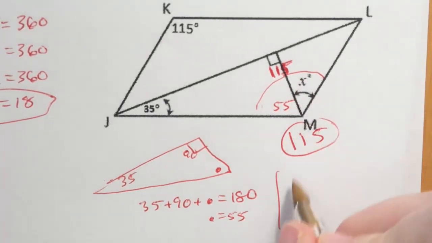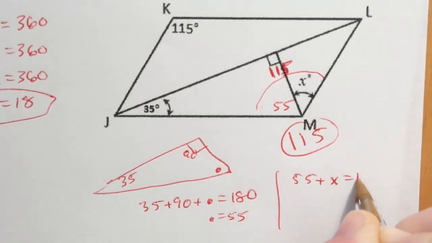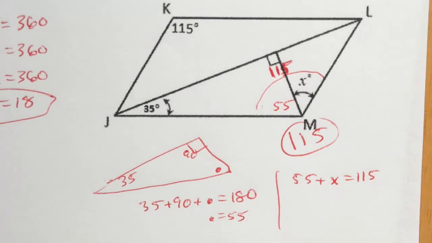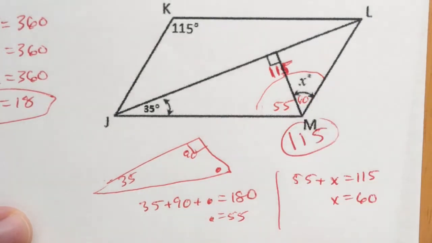So our next step would be 55 plus our x is equal to 115. Make sure you're doing 115 and not 155. So 115, subtract 55, and x would have to be 60 degrees. So this right here would have to be 60 degrees. All right, fantastic. And that is our answer.